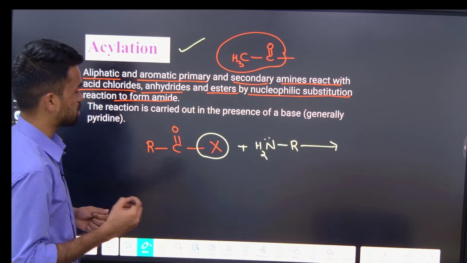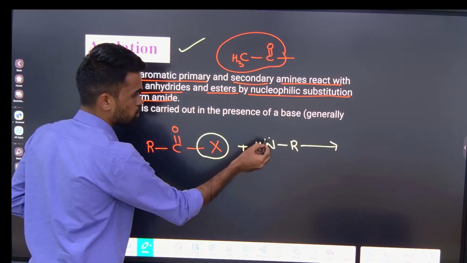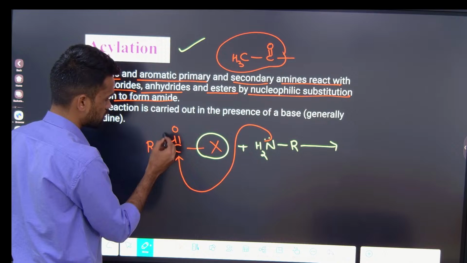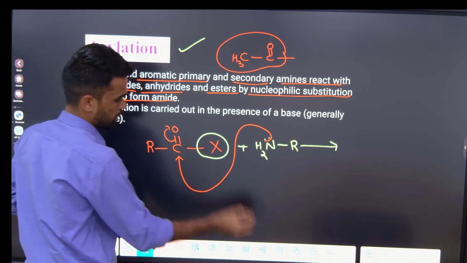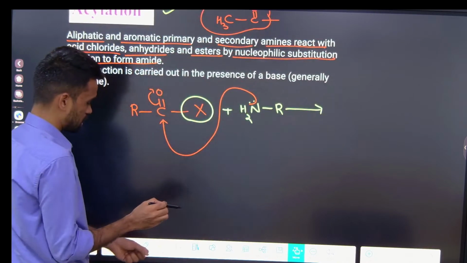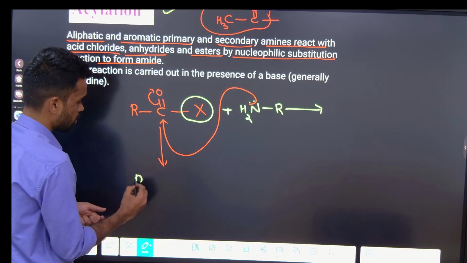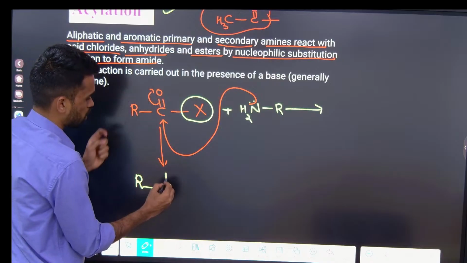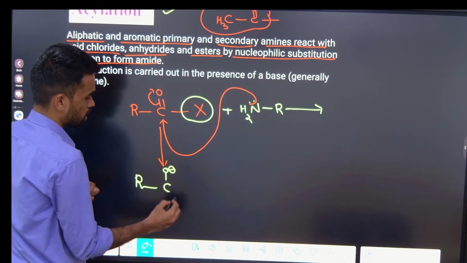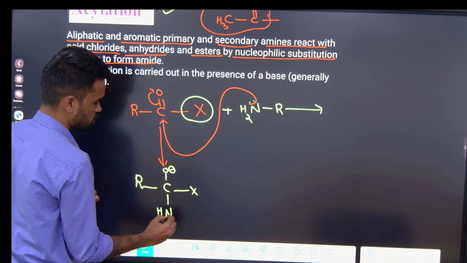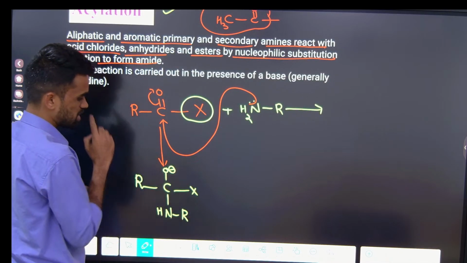The nitrogen lone pair will attack this electrophilic carbon here like this. I will tell you the simple tricky way also, but just follow this mechanism. See R, C, this double bond will become a single bond with O minus. X is there here and this NH2 group is attaching as NHR.